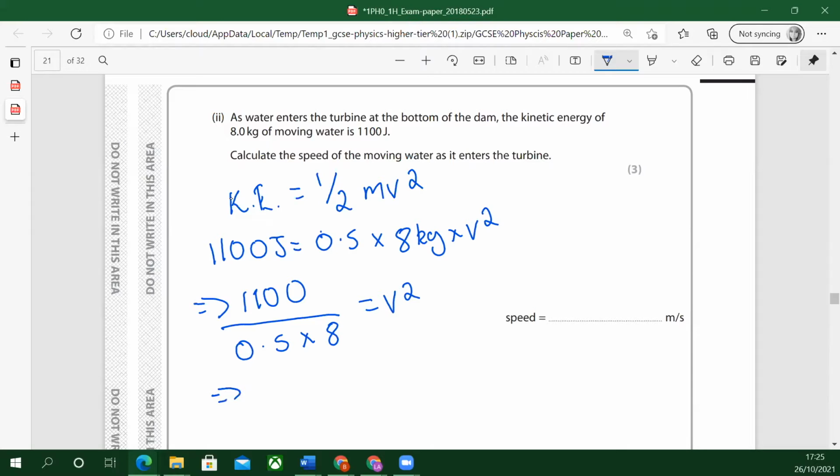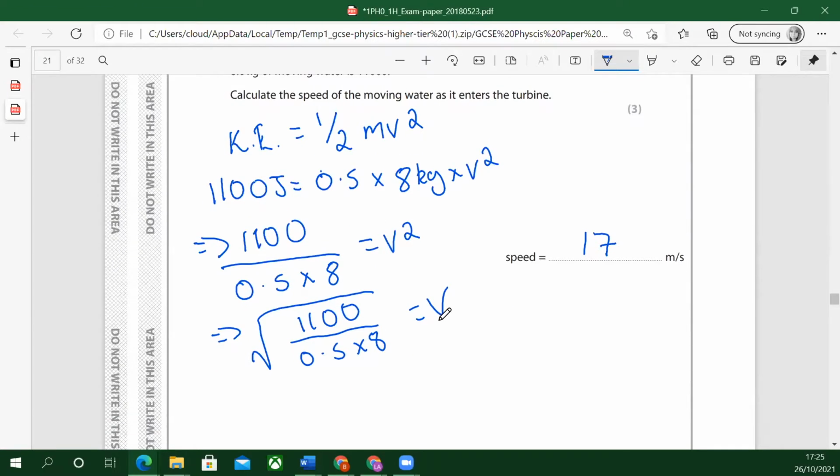So we want to square root both sides: the square root of 1100 over 0.5 times 8 equals V. When we work that out, we get an answer that rounds to 17. Okay, 17. So we've got that. Okay, move on.